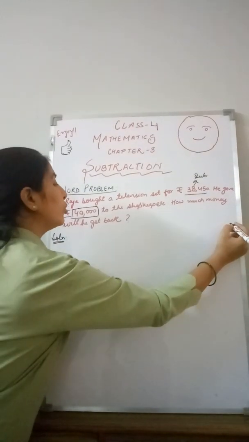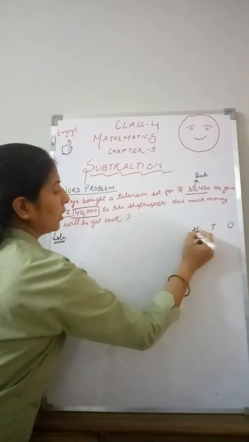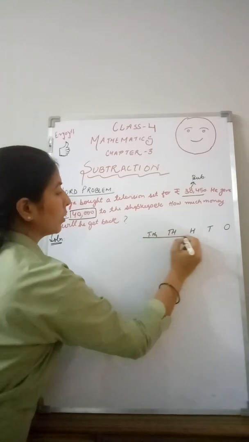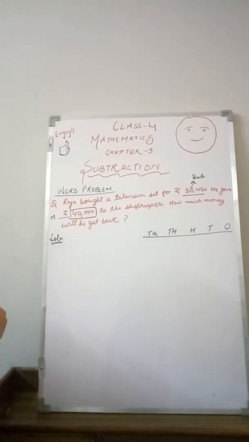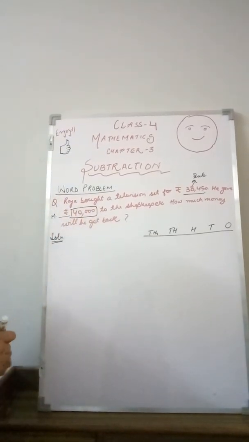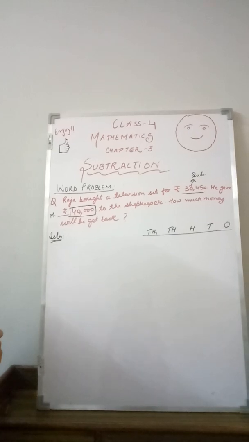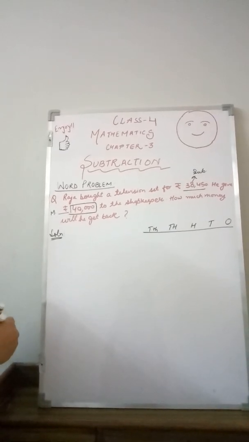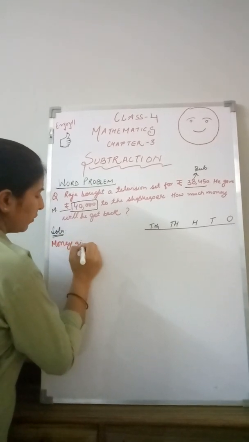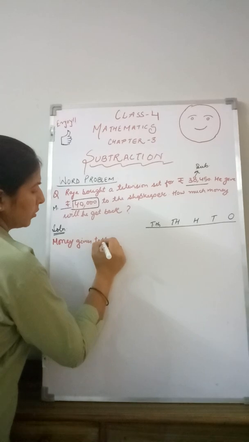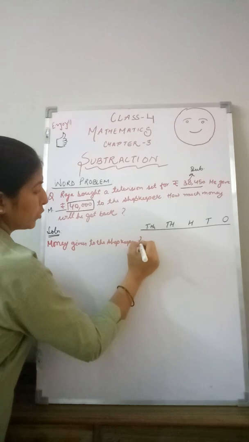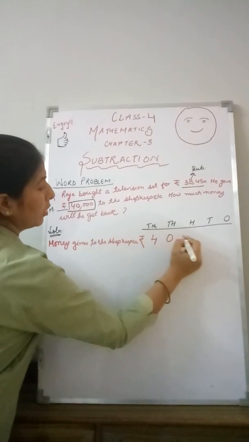First of all, you have to write the place values and then write the statement also. We always start with the minuend. The minuend is 40,000. What is the statement for the minuend? He gave rupees 40,000 to the shopkeeper. So we can write: the money given to shopkeeper is rupees 40,000.